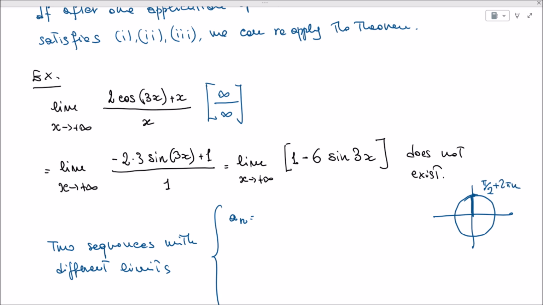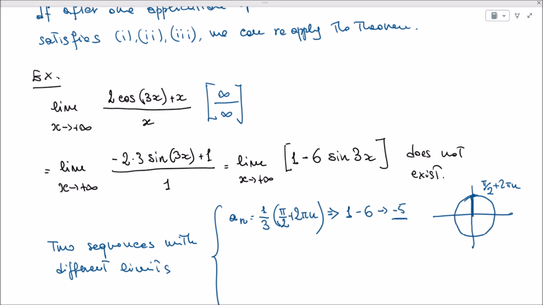So we can say that if we take an to be equal to 1/3 of pi over 2 plus 2 pi n, we have that the limit becomes 1 minus 6, because clearly sine of 3x is now 1, so this clearly goes to minus 5, so we have a limit minus 5.